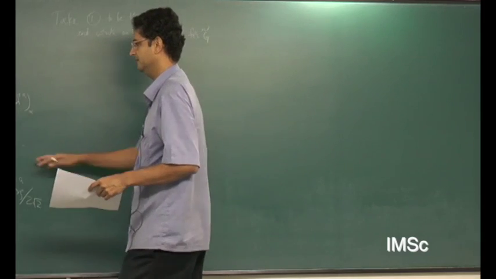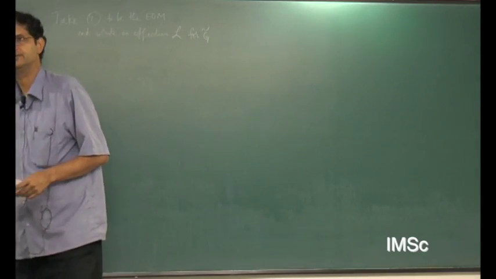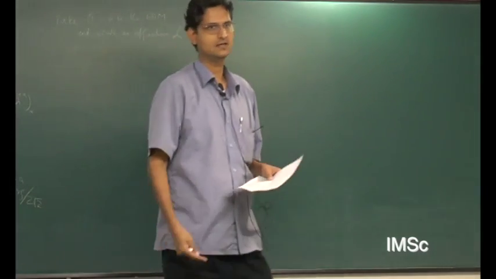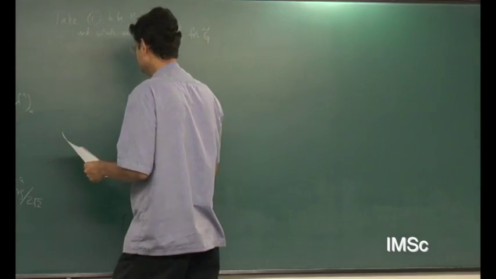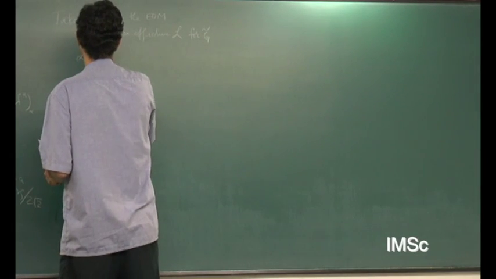Now we know what equation G twiddle has to satisfy, and so you just write down an effective Lagrangian for this G twiddle. And so that L effective.